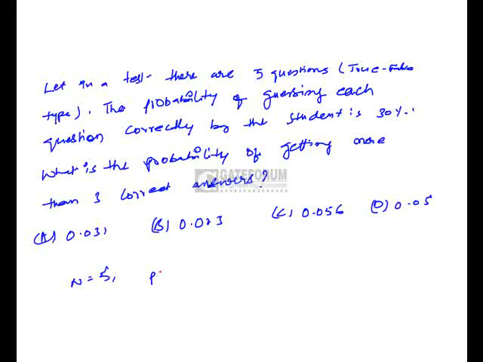So probability of success is equal to 30%.